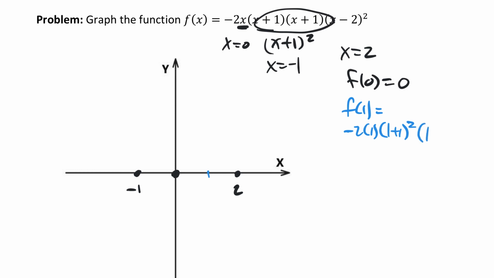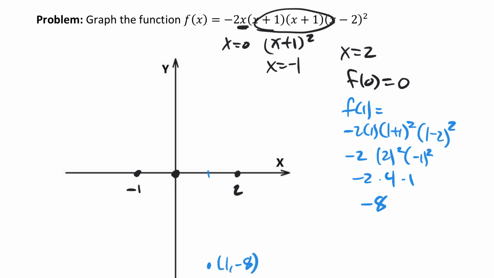Make that a little easier. 1 minus 2 squared. So that gives -2 times 2 squared times -1 squared. So that's going to give me -2 times 4 times 1, or -8. So I know down here, I'm going to have a point at 1 and -8.